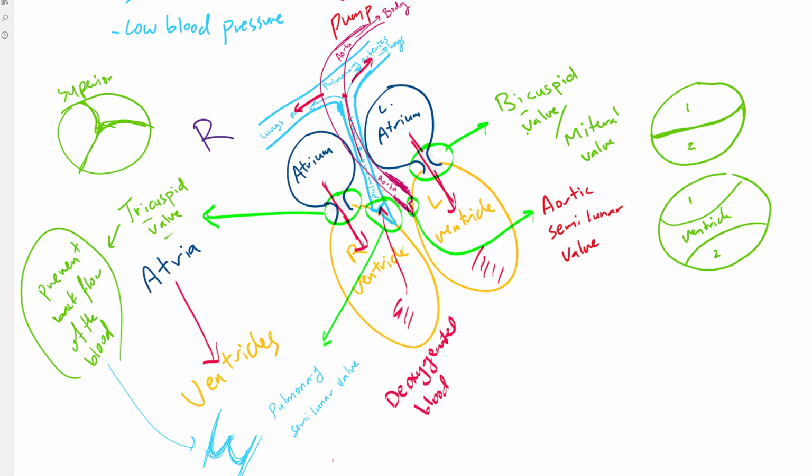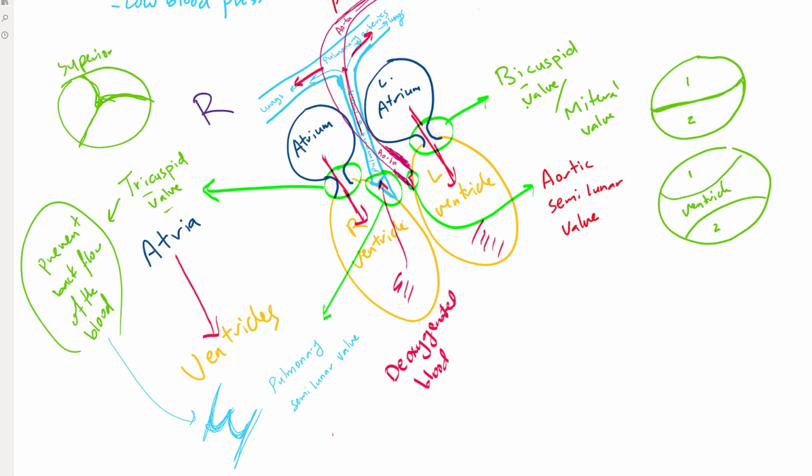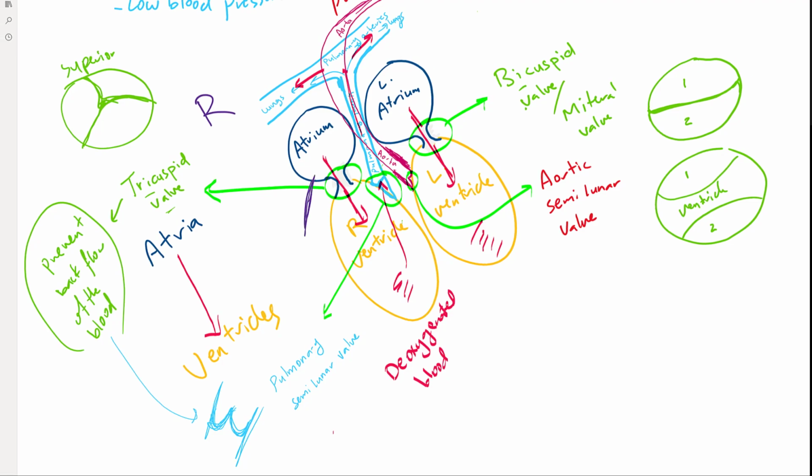We will call this one the aortic semilunar valve. Okay, so now we received the blood from the body, we sent it to the lungs, and also that blood now we sent it to the body. Let's see, how do we receive the blood in the heart? The right atrium receives the blood from two big blood vessels, the inferior vena cava and the superior vena cava.